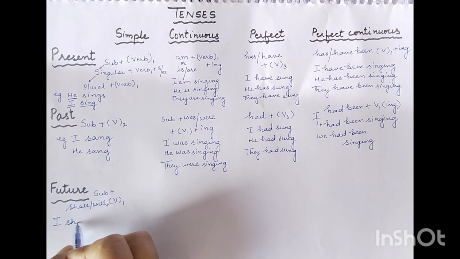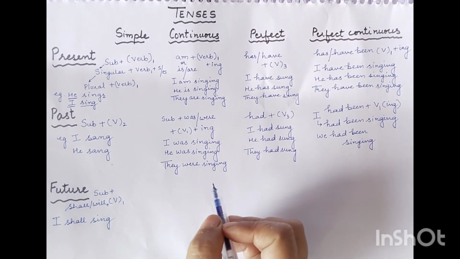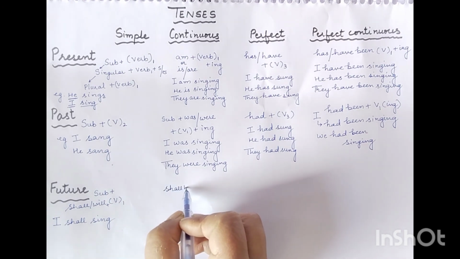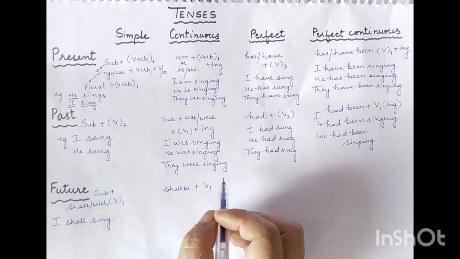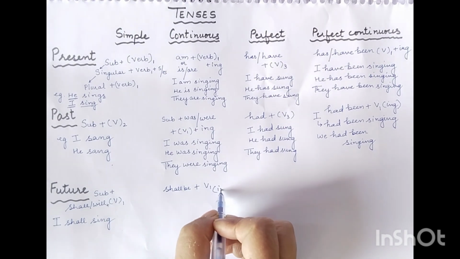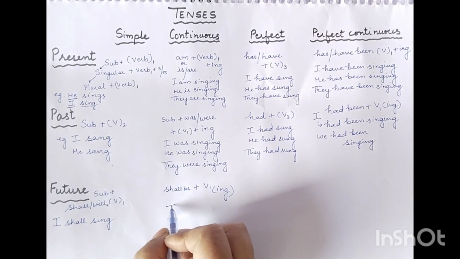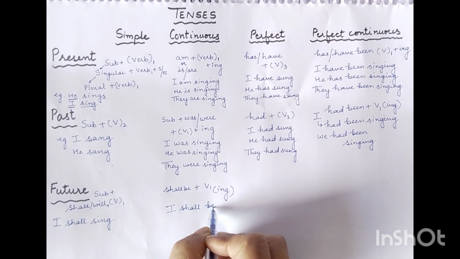For example, I shall sing. I will sing, I shall sing. Then next is future continuous: shall be plus first form of the verb plus ing. For example, I shall be singing.